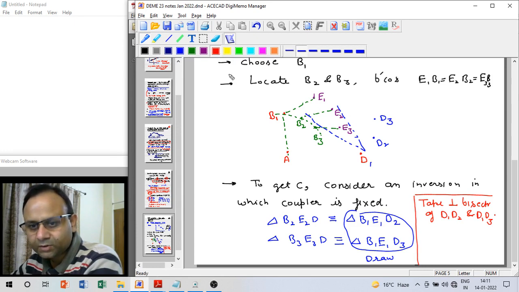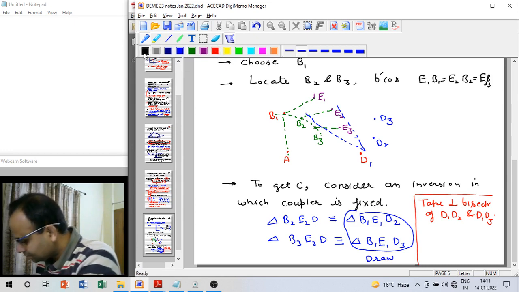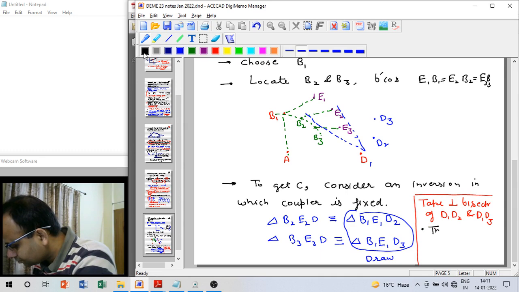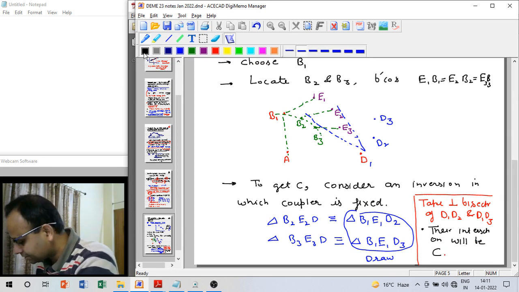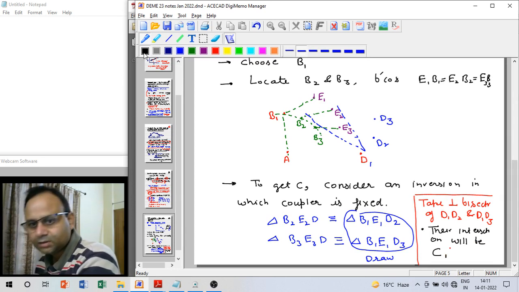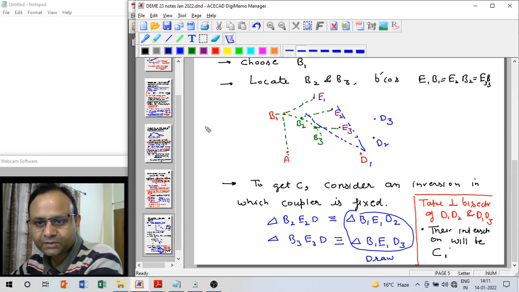So you take perpendicular bisector and their intersection will be the point C that we were looking for, or more precisely you can call that C1, corresponding to this B1 location, because we constructed the inversion for this position B1 E1.